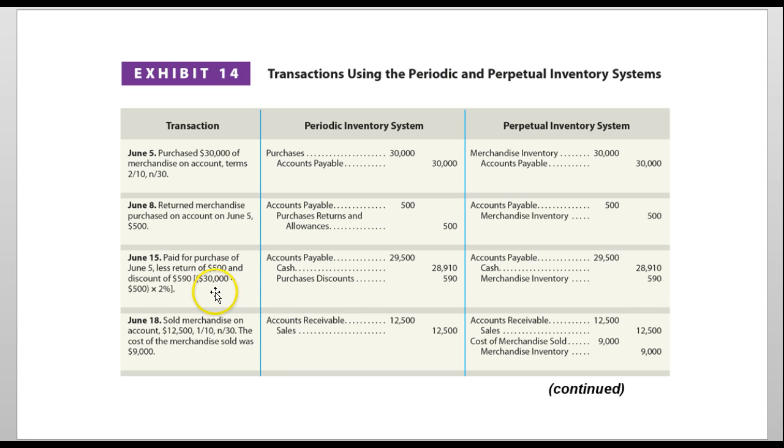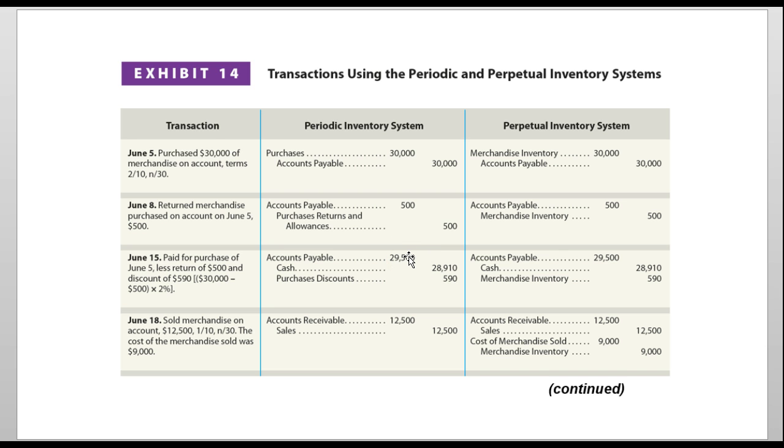Then we're going to come down, and now we're going to pay for the purchase up here. And that's going to involve removing that return. So we started with $30,000, we subtracted $500, and we're going to multiply that times 2%. That is our purchase discount.